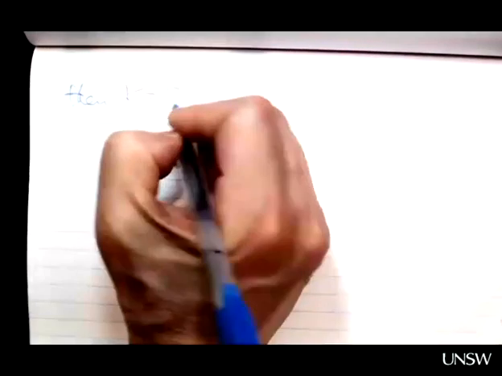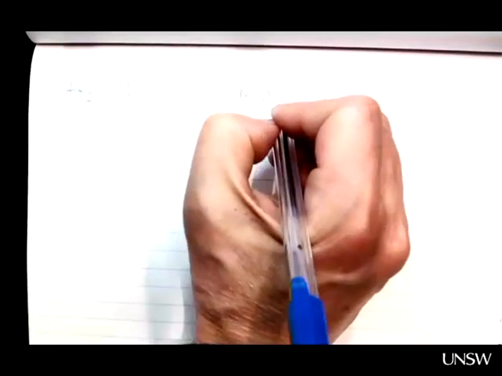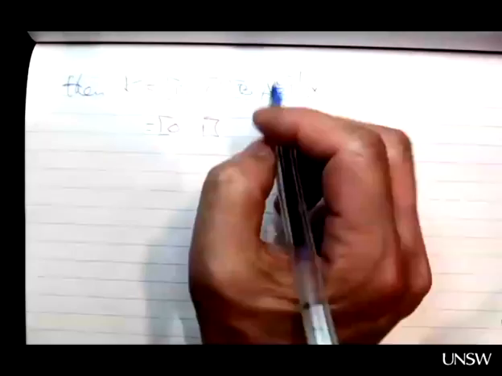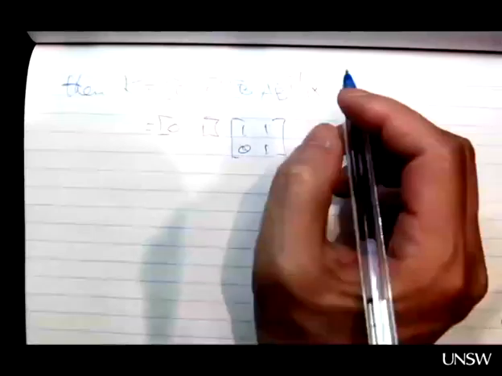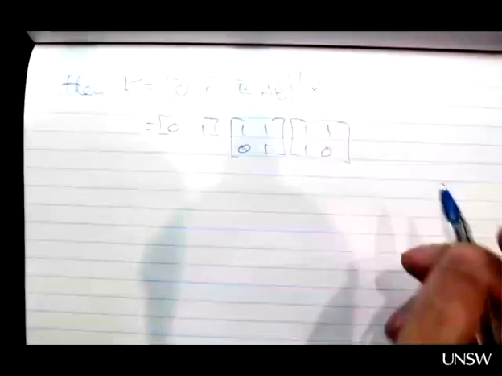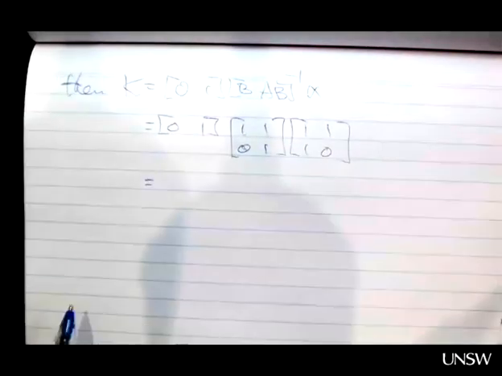And then the gain K is 0, 1, and then B, AB inverted, and then alpha. So it is 0, 1. And then the inverted matrix is this one. And then the alpha matrix is this, so calculate carefully. Then we have 1, 0.